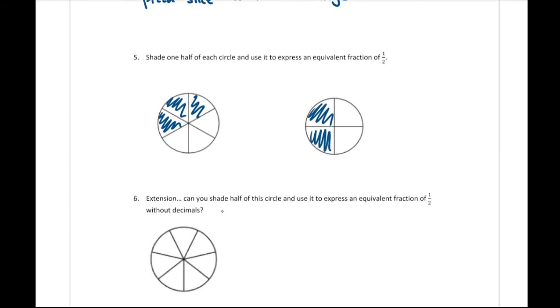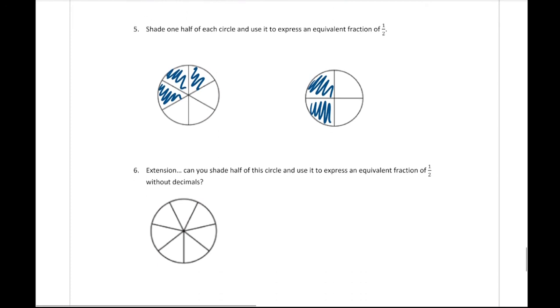Next, can you shade half of this circle and use it to express an equivalent fraction of 1/2 without decimals? So if I look at this, I have 1, 2, 3, 4, 5, 6, 7 slices. So if I wanted to shade it into half, it's hard to find 3.5 slices, but I could cut everything up again into halves, basically doubling the amount of slices to 14.